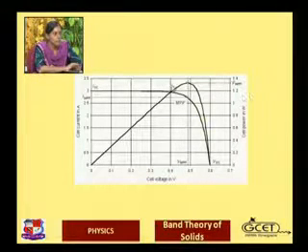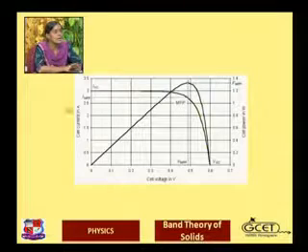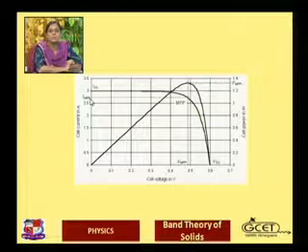If we find the intersection of this line, this normal, with the VI characteristics, we have the same maximum power point on the VI characteristics, and if we plot it on the Y axis, we get the maximum current.